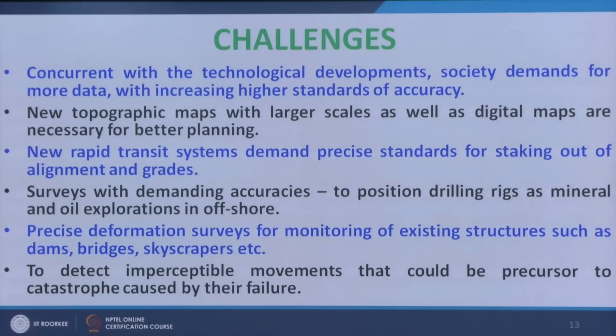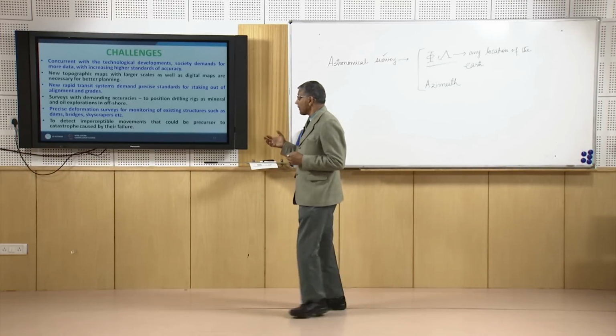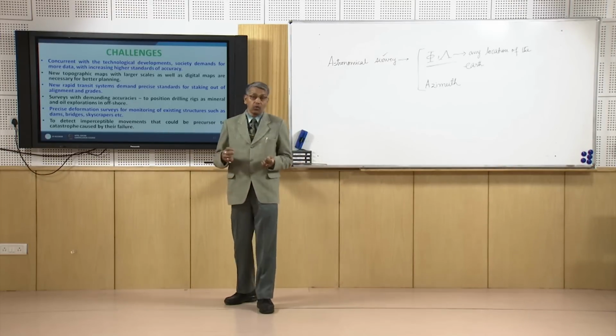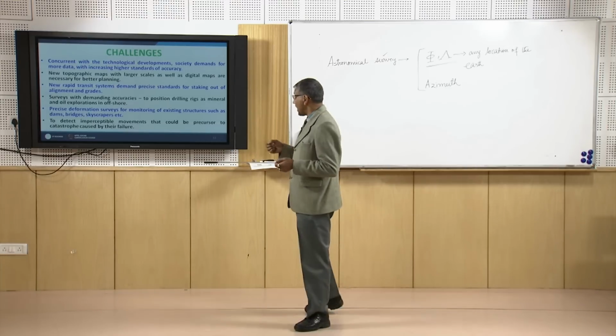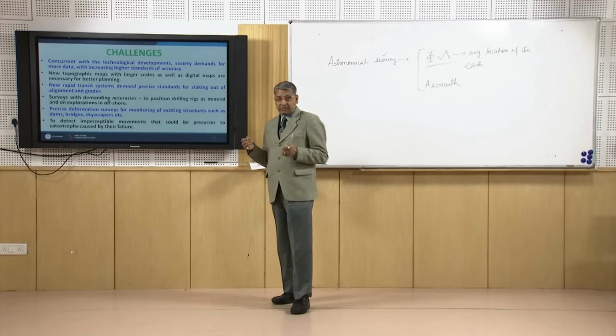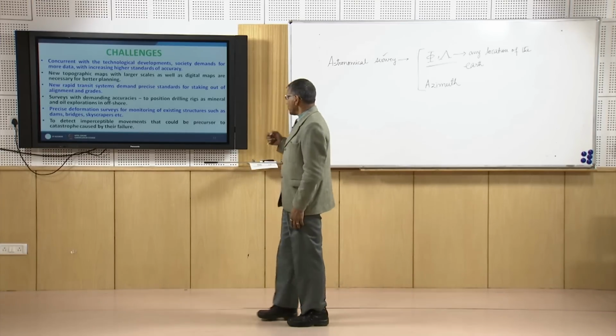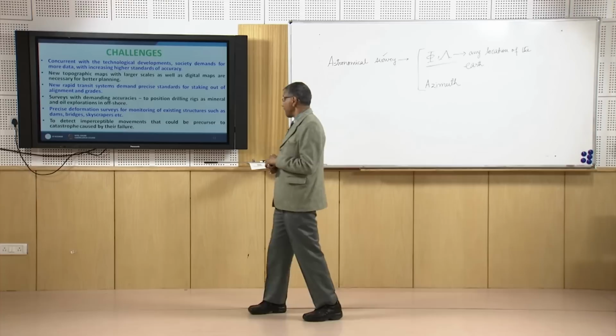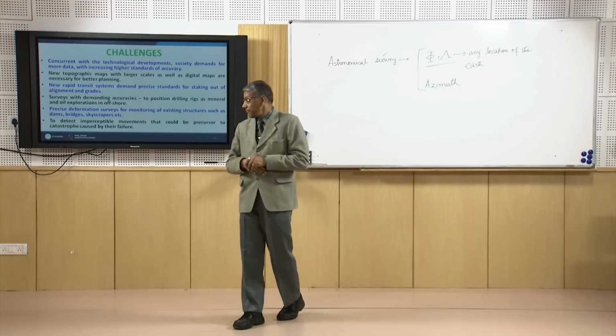Then deformation: nowadays many structures are getting deformed. We want to know the amount of deformation, and whether it is within acceptable limits or not. For that we need instrumentation, and surveying instruments may be used to find these deformations very accurately. Society demands the use of instrumentation to get very precise deformation, so that is also a challenge.